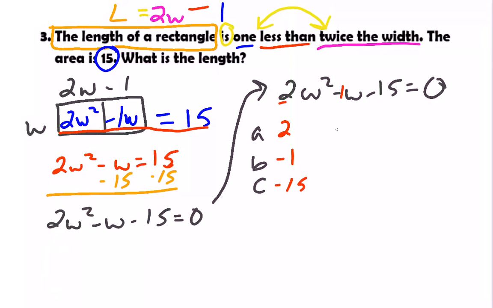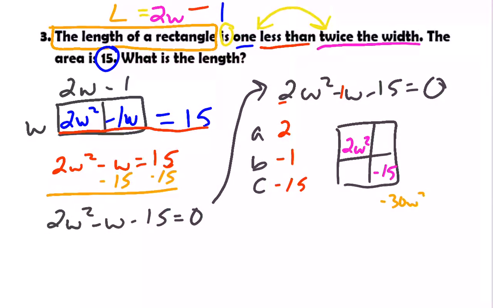Go ahead and draw your box. First term, first box. Last term, last box. Now we're going to multiply our diagonal, which would give me negative 30w squared. That goes at the top of my x, and I'm just going to do the coefficient, so negative 30.